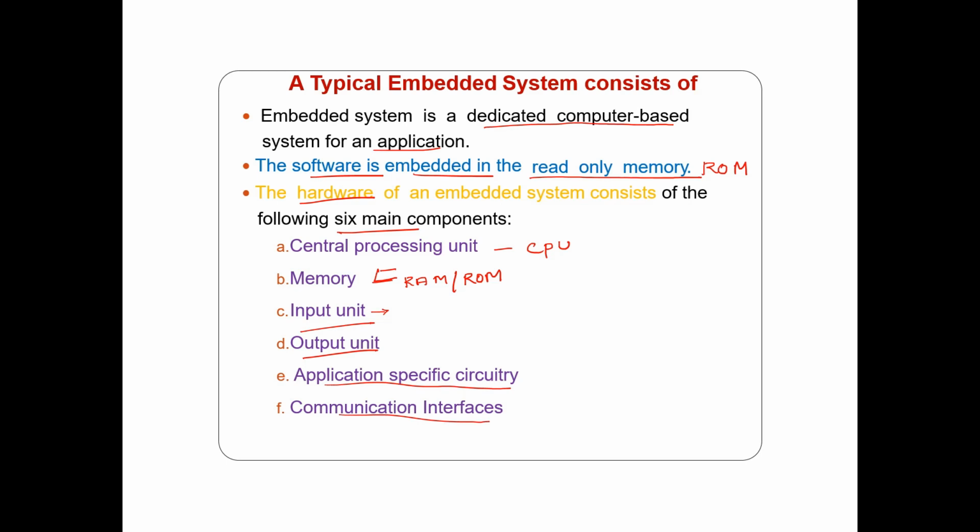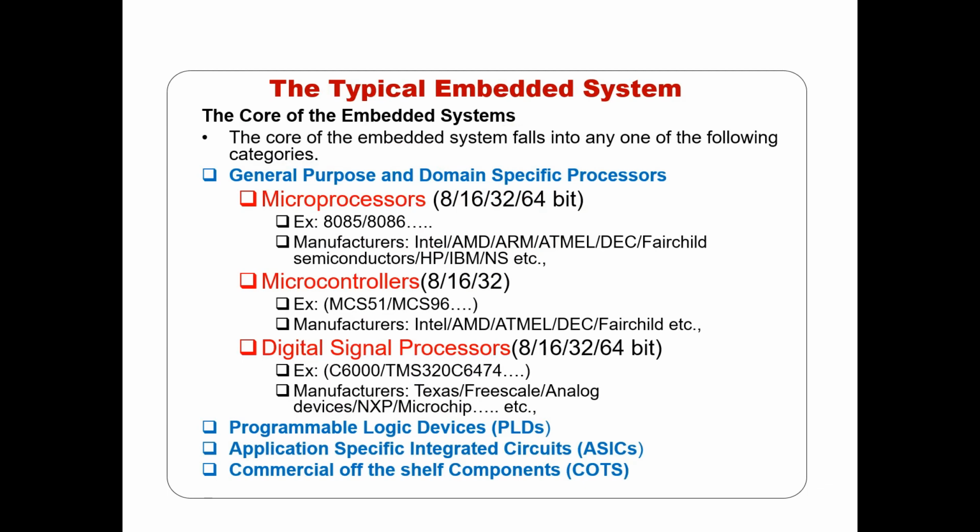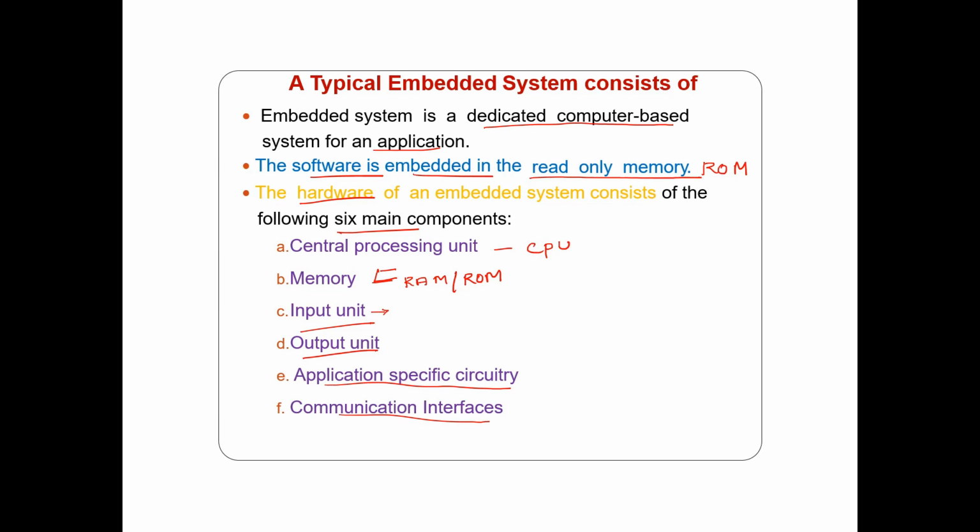The central processing unit does the arithmetic and logical operations. This central processing unit has three different blocks: the ALU, the control unit, and the register set.